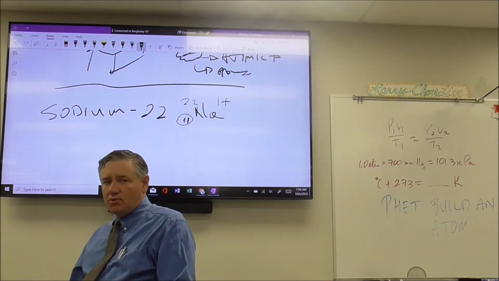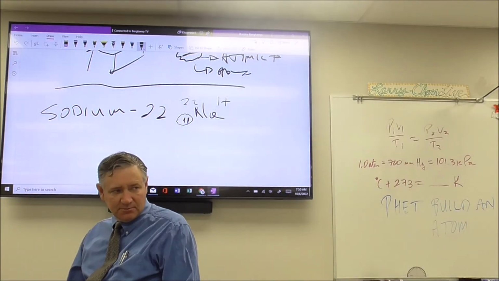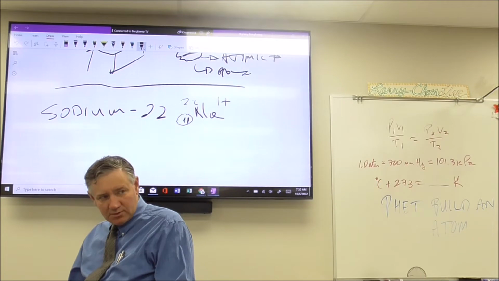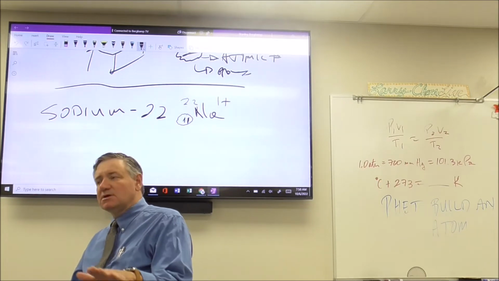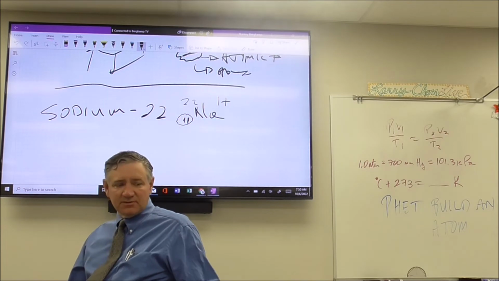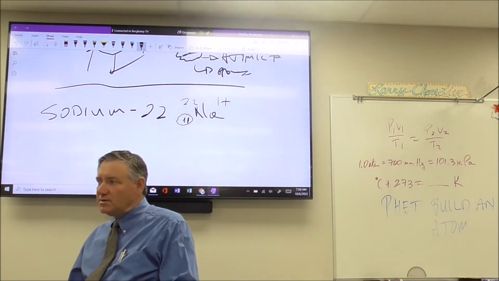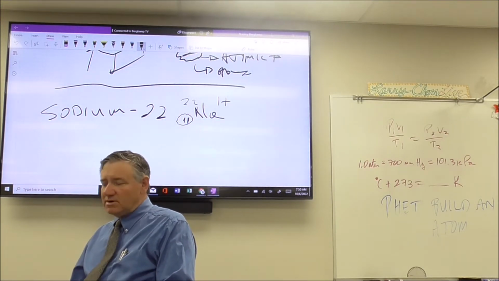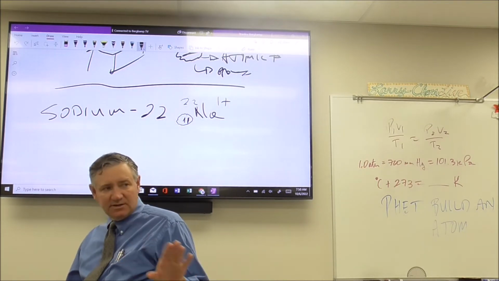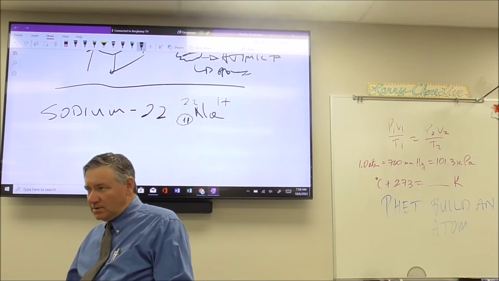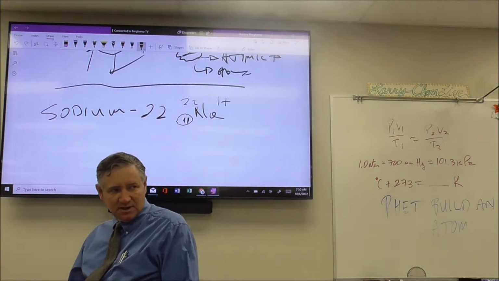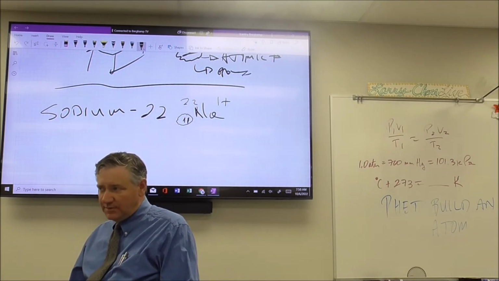But one of the most important things you have to remember is that it is only the number of protons that determines the type of atom that it is. It isn't the number of neutrons, it isn't the number of electrons, it is solely the number of protons. Regardless of neutrons and electrons, it doesn't make any difference. It's that atomic number. That is the whole key.